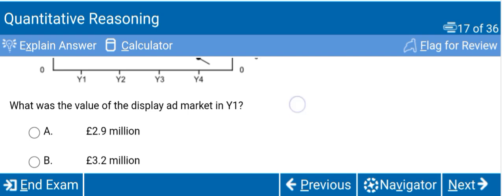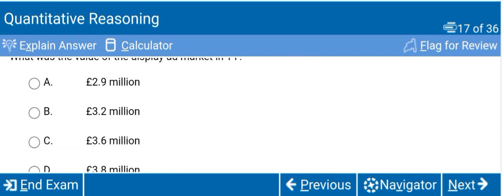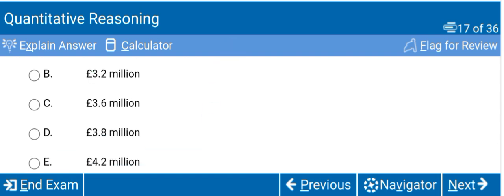Option A, 2.9 million pounds. Option B, 3.2 million pounds. Option C, 3.6 million pounds. And option D is 3.8 million pounds.